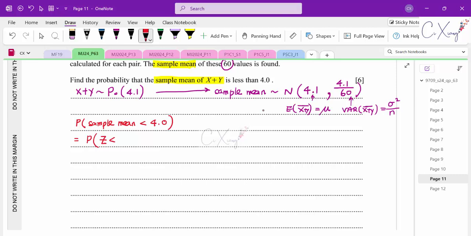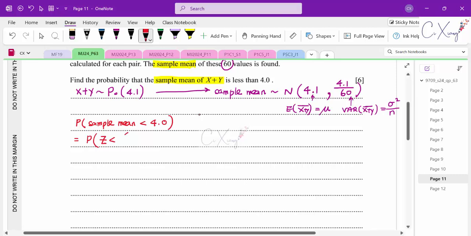If you read through the marking scheme clearly, they accept both answers: one without continuity correction, and another with it. Of course I will choose the easier one, where we don't do the continuity correction. By right it should be done, but because the value is too small, you can ignore it in this case.